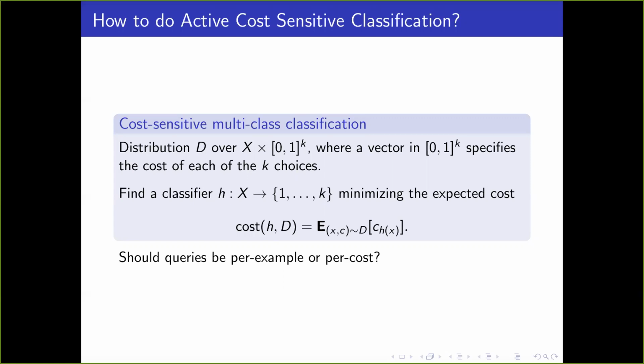Yeah. So that would be very close to the bandit setting, right? It's better if we can do it per cost, I guess, because then we need even less information. Yeah.